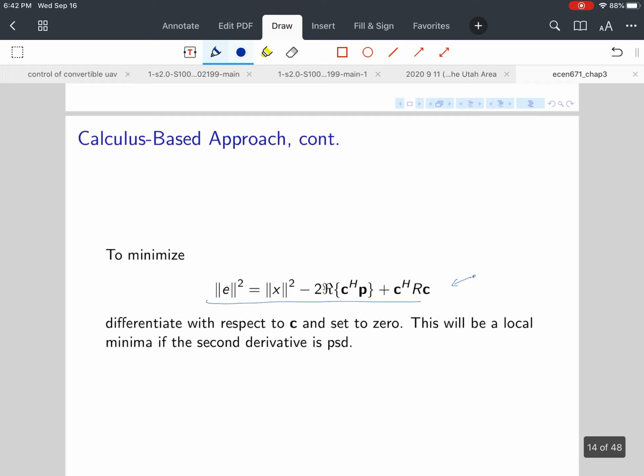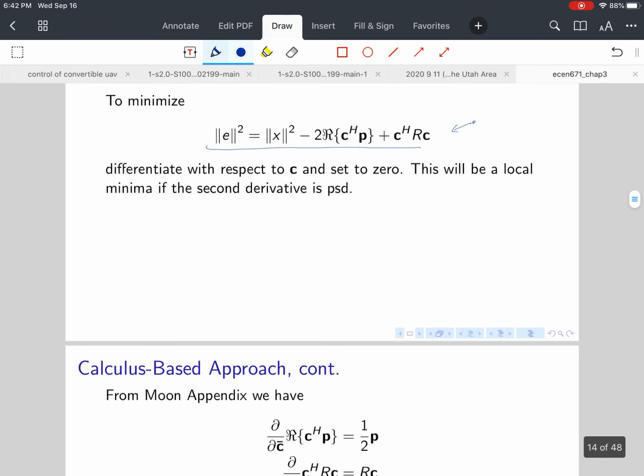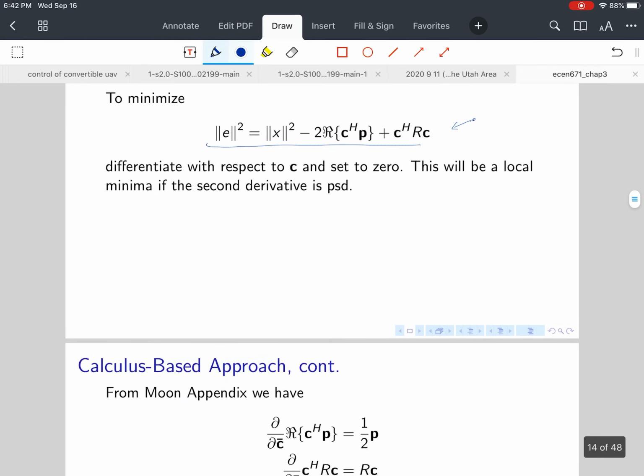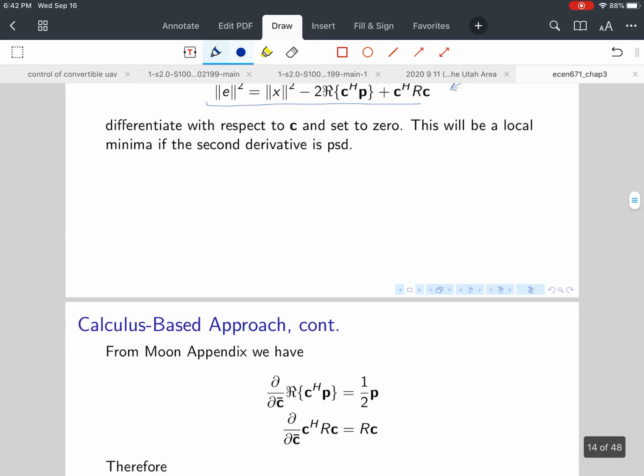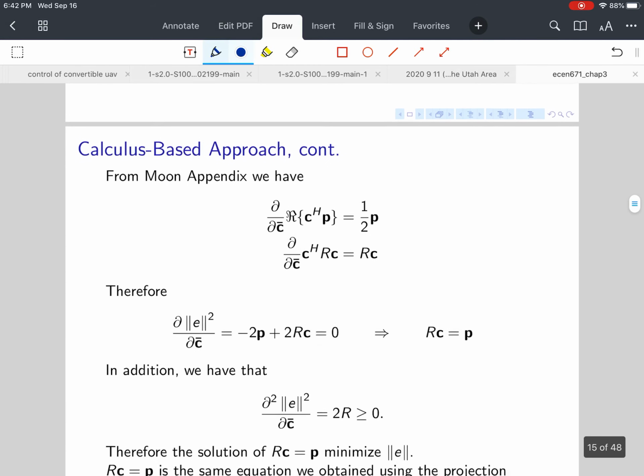And it'll be a local minimum if the second derivative is positive semi-definite. So that's what calculus tells us. The question is, how do we take derivatives with respect to a vector?